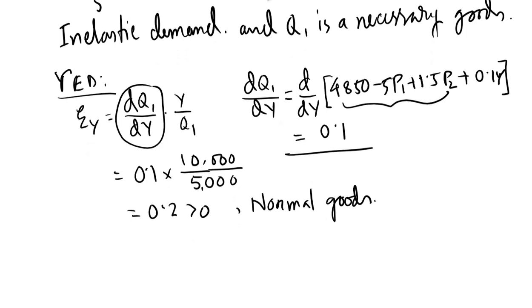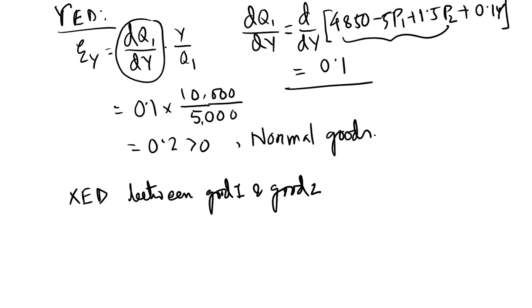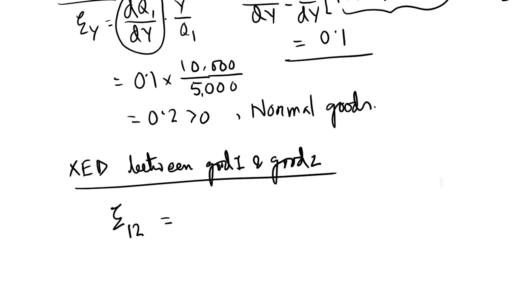Now let's find the cross price elasticity between good 1 and good 2. We can write XED, the formula, which is epsilon 1 2, because we have two products 1 and 2.